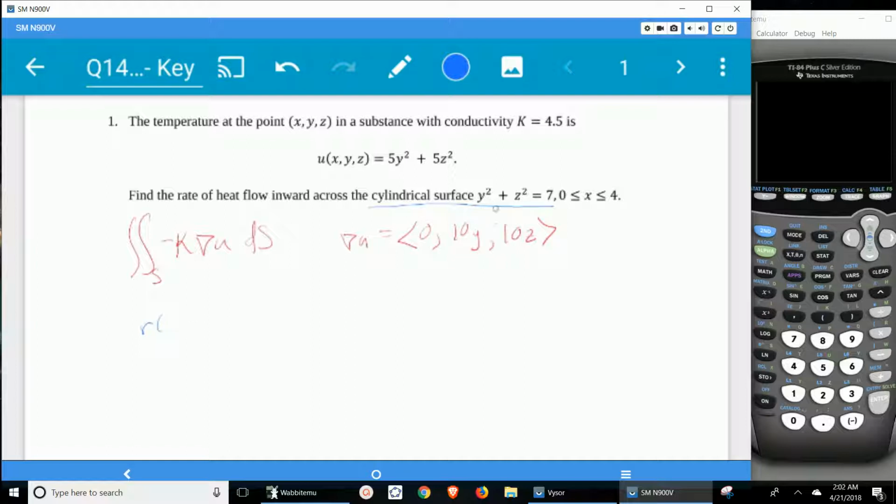So if you think about what this thing does, X, Y, Z, it kind of goes like this. The axis of the cylinder is the x-axis, and it goes from 0 to 4. That's what's going on with this thing. So I guess x could be one of the parameters, and then theta could be the other one.